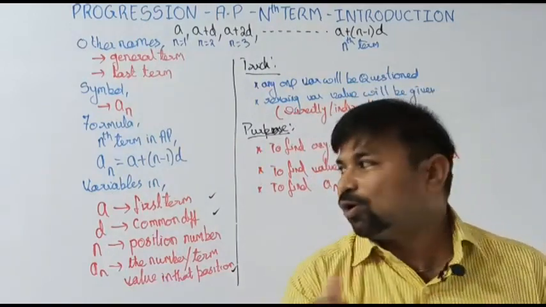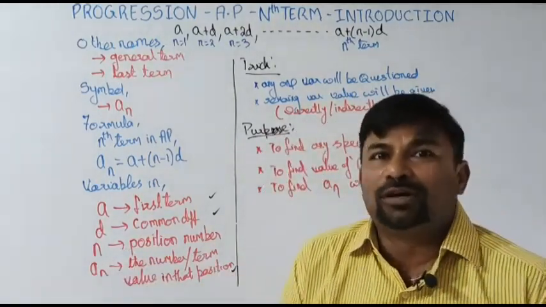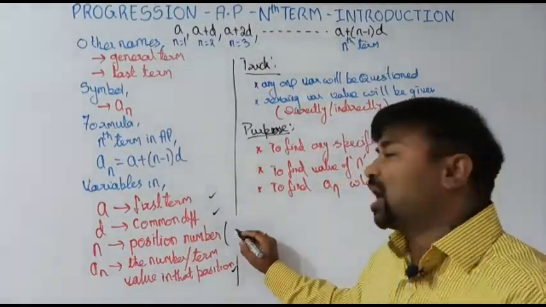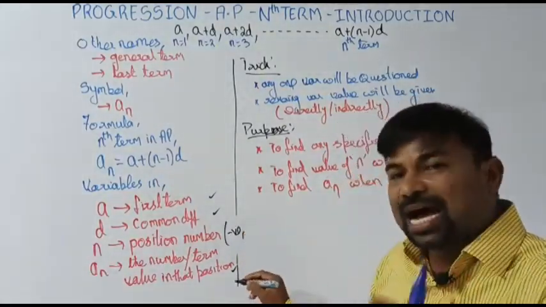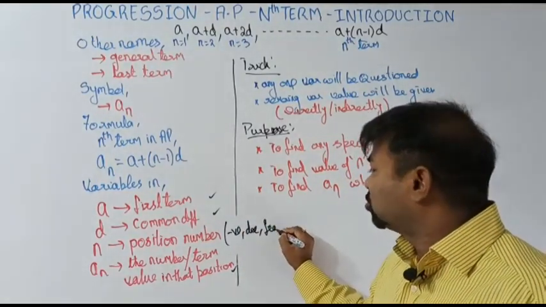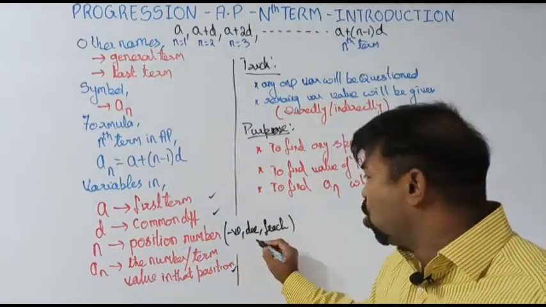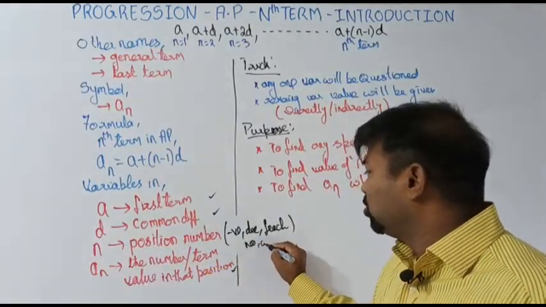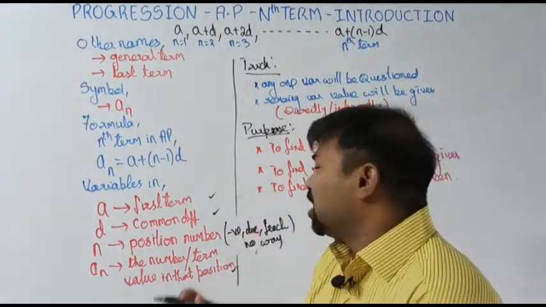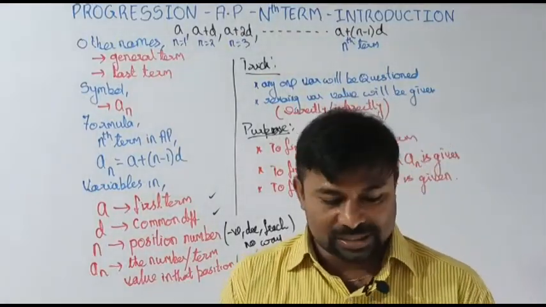But very, very important, the roll number, the position number, the number of terms, can never be negative, it can't be a decimal, and it can't be a fraction. N value can't be negative. No way. You can't get it. Hope you are able to understand what I am saying.